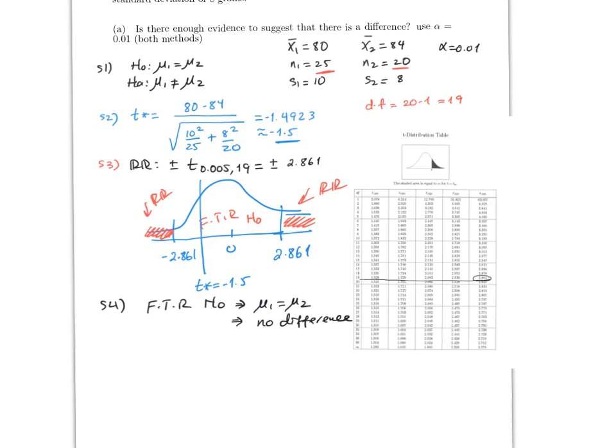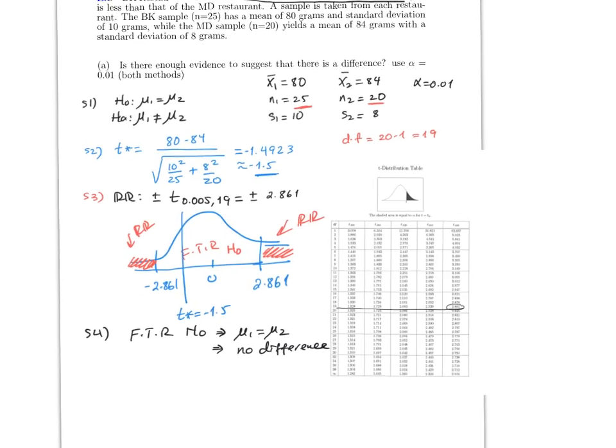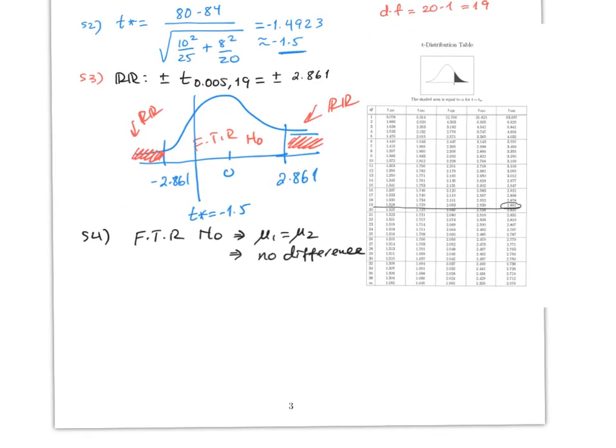However, Burger King, remember, they claim that the amount of fat is less, but we just showed that there is no difference. So therefore the appropriate thing to write will be there is not enough evidence to support BK's claim about the amount of fat. And that's it.